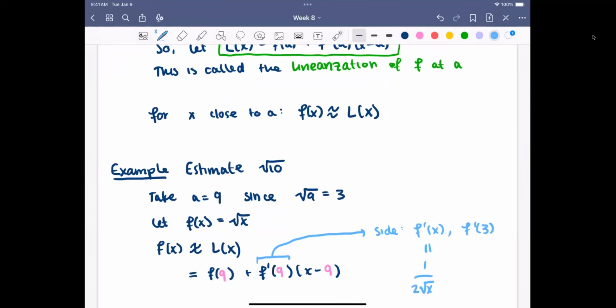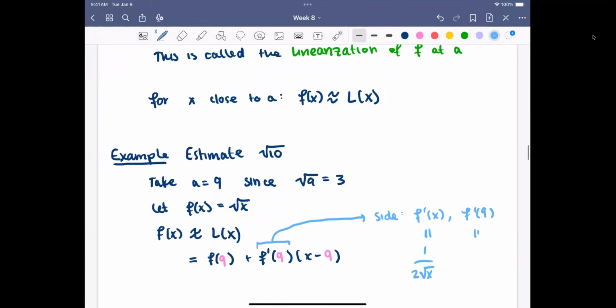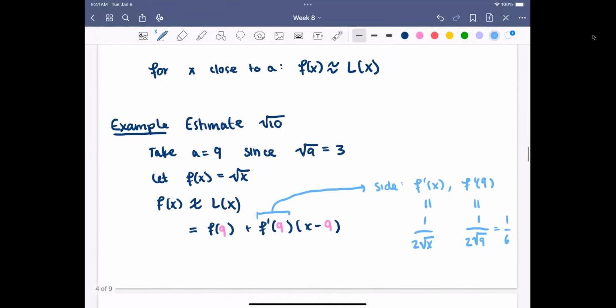Okay, so then we plug in 9. So this is going to be 1/2 root 9, which is 1/6. Okay, so then I'm going to go back over to the left and simplify everything.